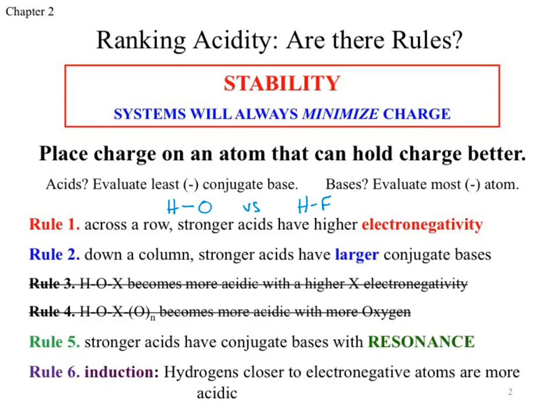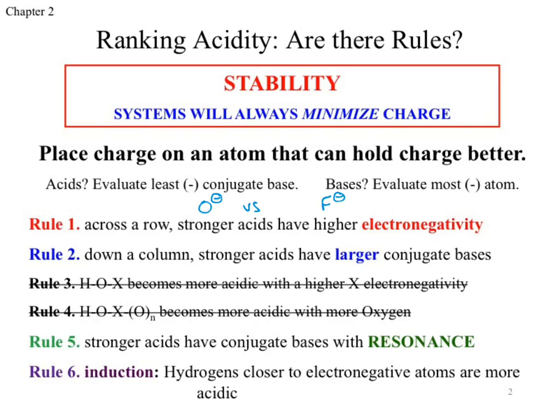Okay? We could go through and look at the stability of the conjugate base. So we'd be comparing F minus versus O minus. Which one can stabilize that negative charge better? Fluorine or oxygen? Fluorine, because it's more electronegative than our oxygen. If our conjugate base is more stable, what does that say about the acid?